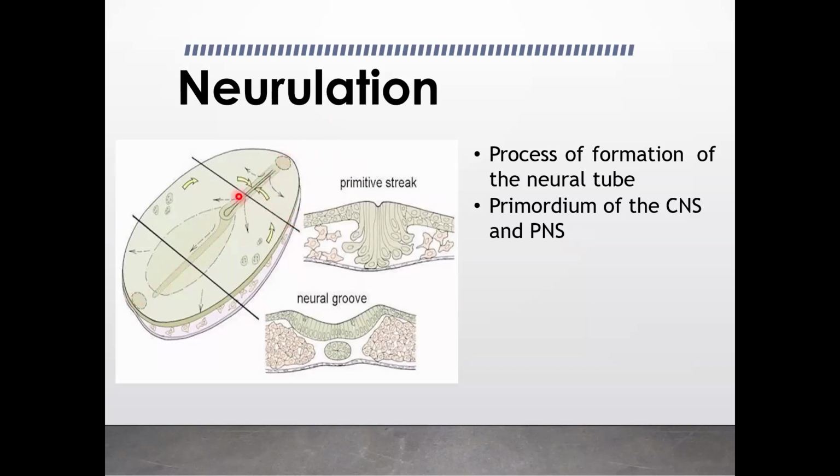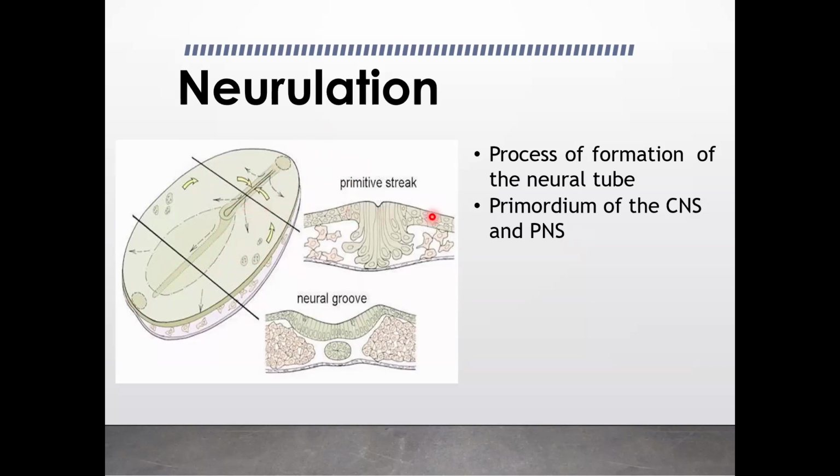So what will happen at this point is that for you to have the three germ layers, you'll have the cells of the epiblast going into the primitive streak, and then they get this motile ability to move to various locations. That's the reason why ideally you have the two layers, the epiblast and hypoblast.